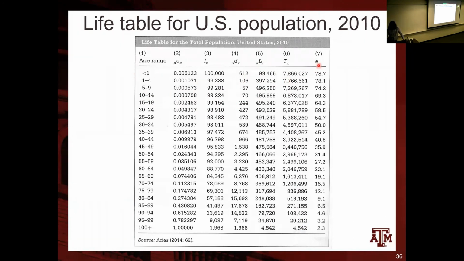And the EX is also indexed by X because I'm saying, when I'm at age 0, what's the average number of years that I'm expected to live? When I'm at age 1, how many additional years am I expected to live, to survive? When I'm at age 5, how many years am I expected to survive?